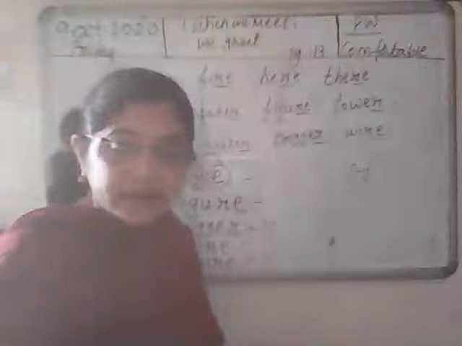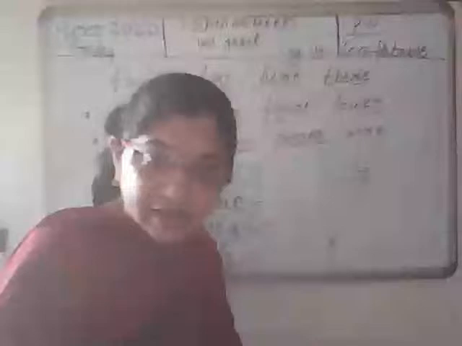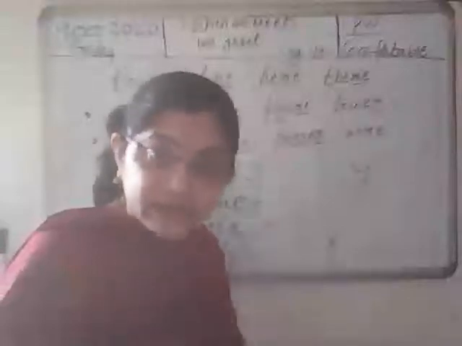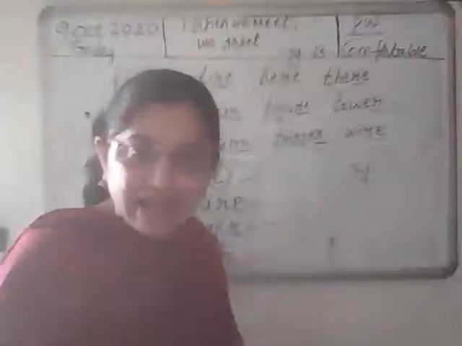Again, the last letter is E. Are we saying wiry? No, we are saying wire. It means we are landing on a letter that is before E. The letter before E is R. So we are landing on the sound which is just before E.